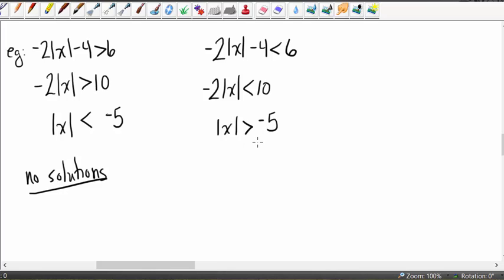But this is true for all real numbers, so our solution set is just the set of all real numbers, R. So there's a short breakdown on how to deal with inequalities that contain absolute values and some of the situations that can arise when you're dealing with such inequalities.